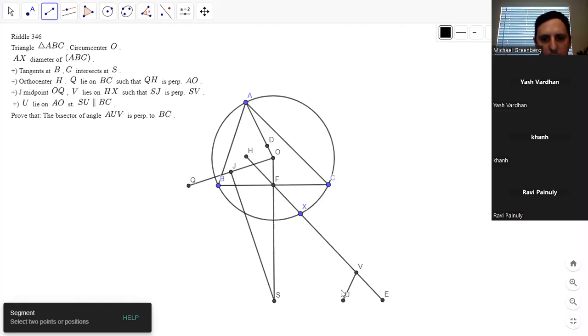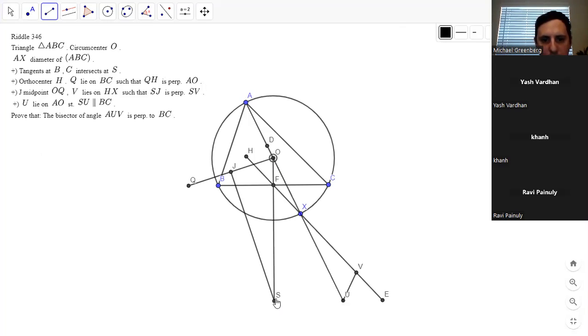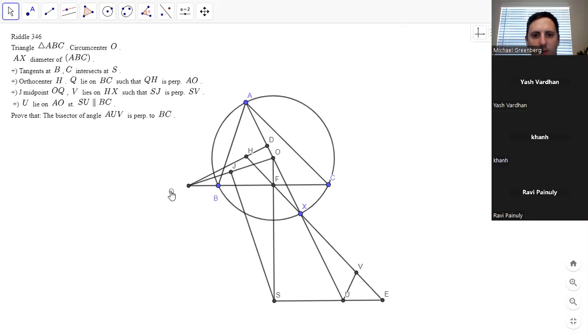And these look like that. And this is perpendicular. Okay, that's not that bad of a diagram. It's a little complicated, but not the worst. Oh, we need to draw SV. Okay, it's a little more complicated then.